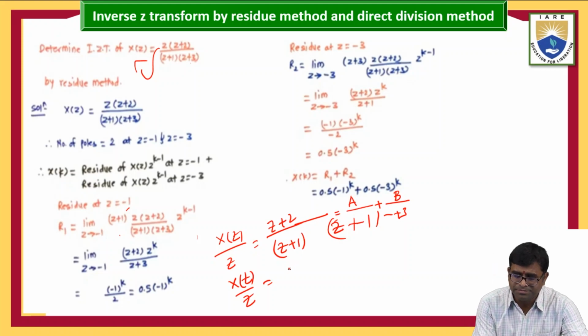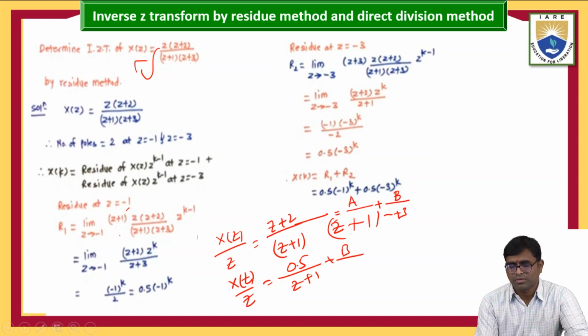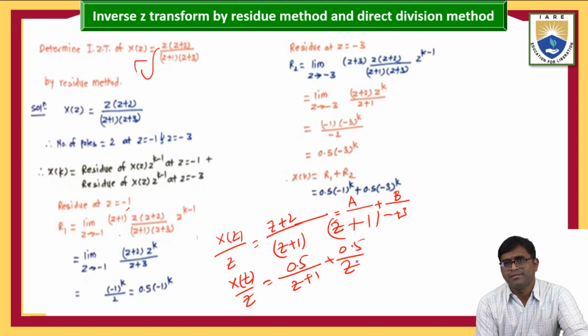That is 0.5 by z plus 1, plus b value, 0.5 by z plus 3.